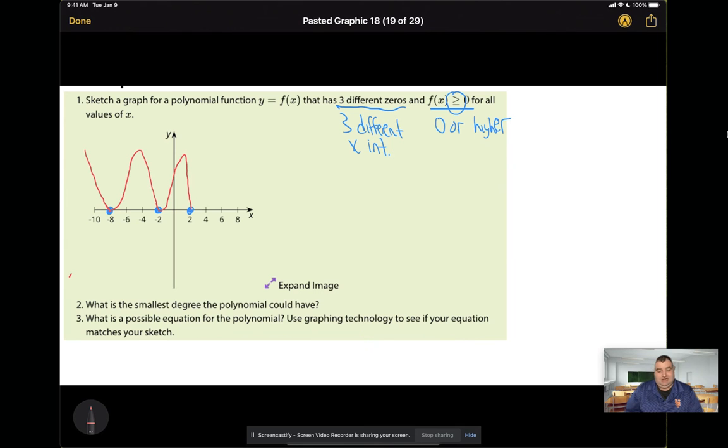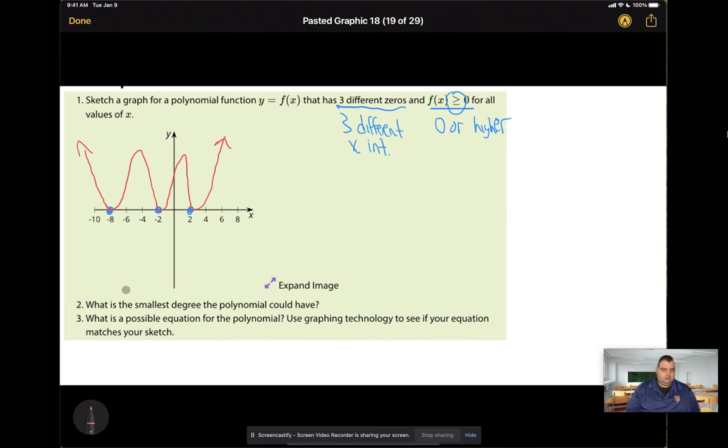And again, it's not going to go below, which means it's going to come back up and probably increase infinitely from there. So the only way that I can have three different x-intercepts and have it stay completely non-negative, 0 or higher, is if the graph looks something like this, almost like a funky-looking W, you could say.